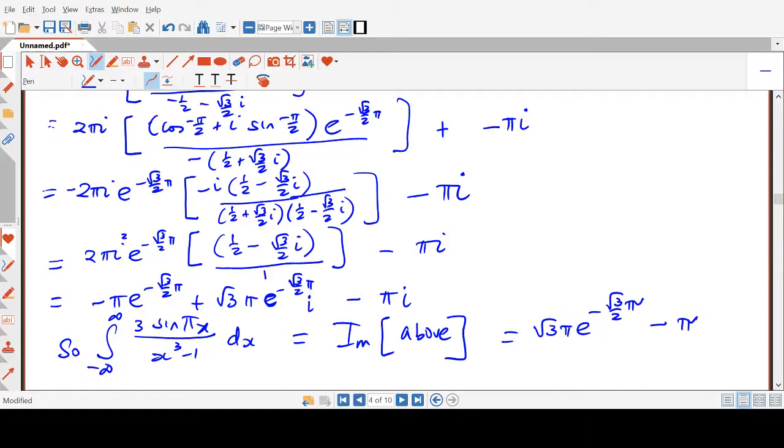So, as dirty as it looks, that's the answer. If this were the question with cosine pi x, then you read the other stuff. This will be the answer: minus pi e to the minus root 3 over 2 pi.